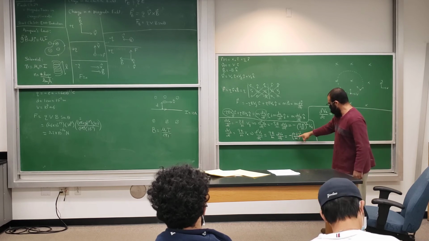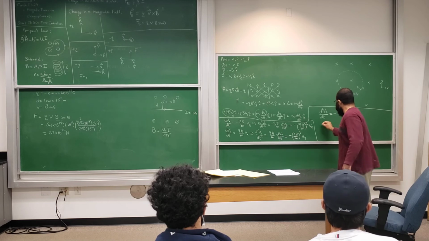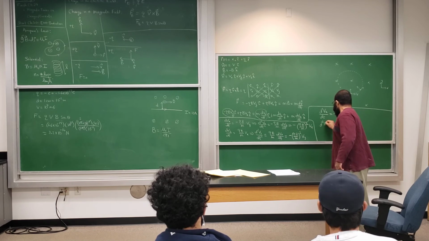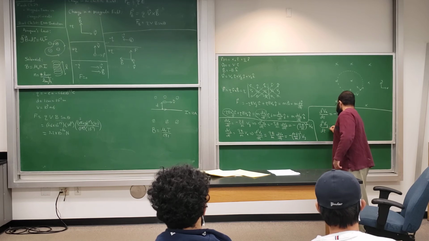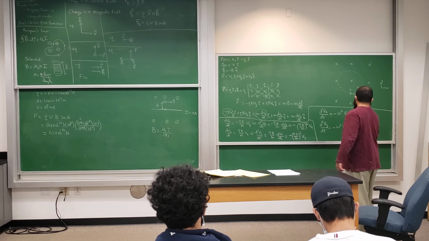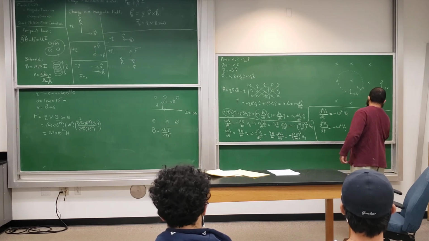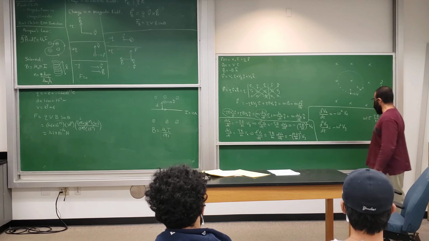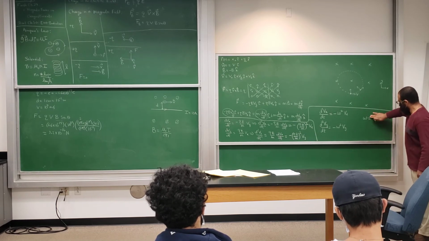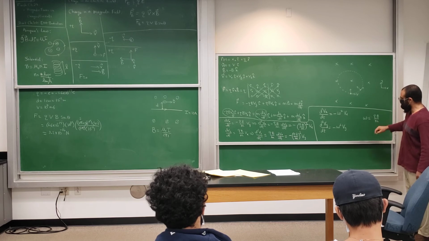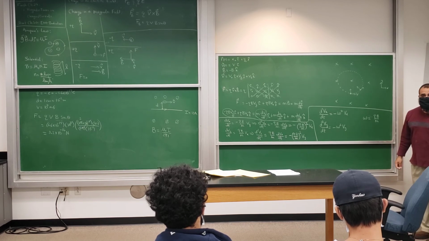And this one here, very similar: the second derivative of vy with respect to time is equal to minus omega squared vy. I'm defining omega to be qB over m. That's omega. Just defining an omega like that.